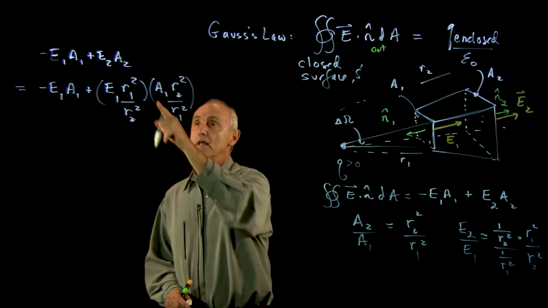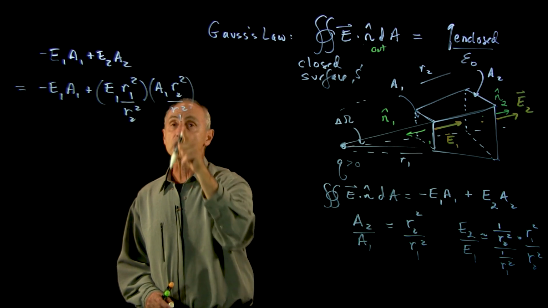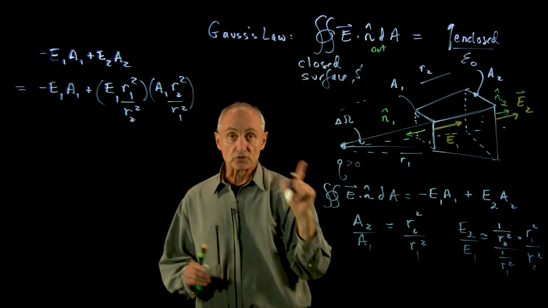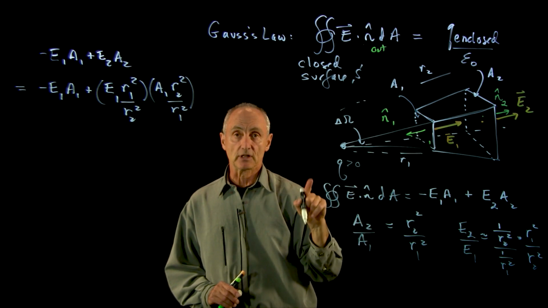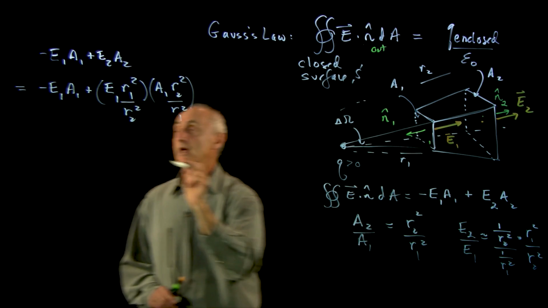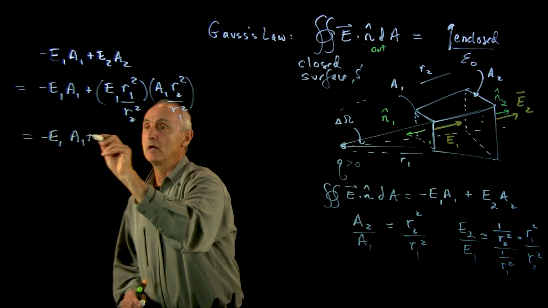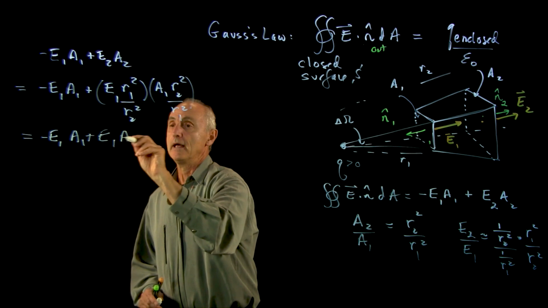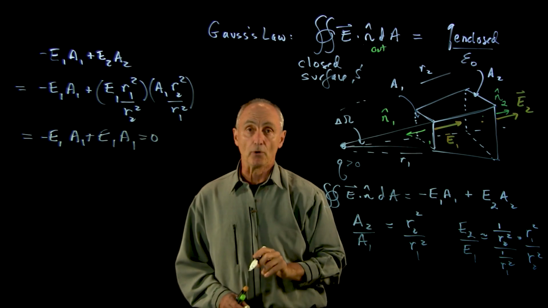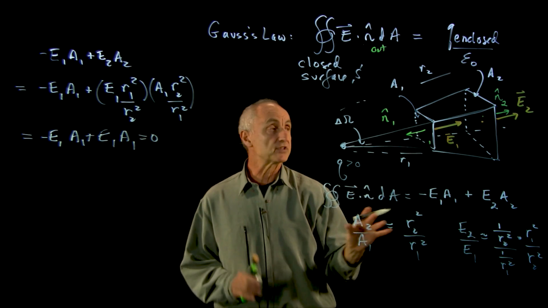And now you see that all the radiuses cancel here. And the reason this is working, remember, is precisely because the electric field is a 1 over R squared field. And what we're left with is minus E1, A1 plus E1, A1. And we get 0. And so this was our first step.